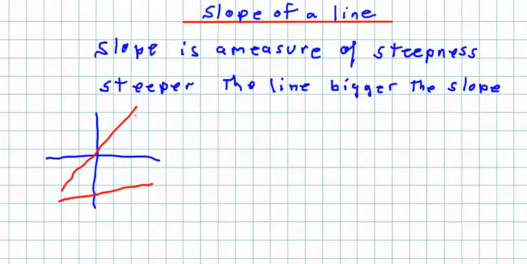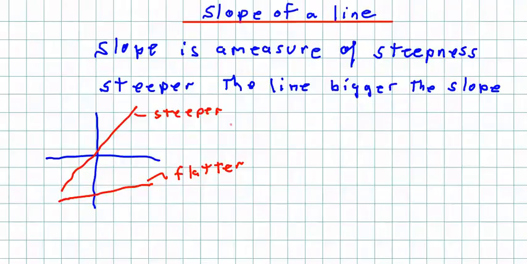All right? So this is more steep, steeper, bigger slope. Flatter, I think it has two T's. Flatter, it's a smaller slope.